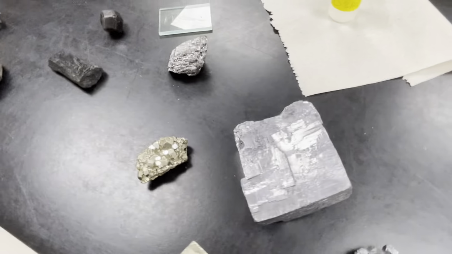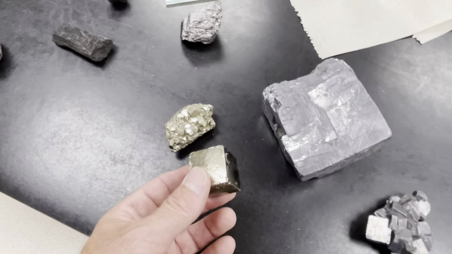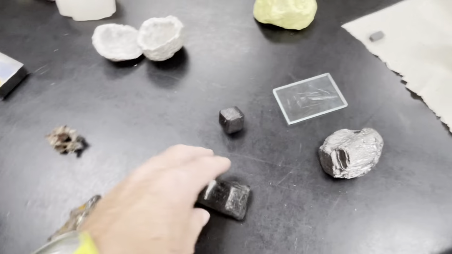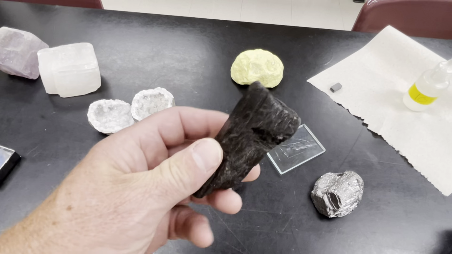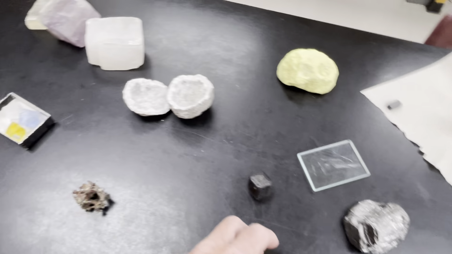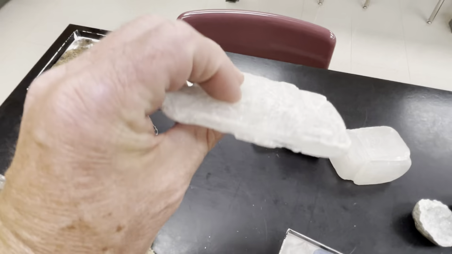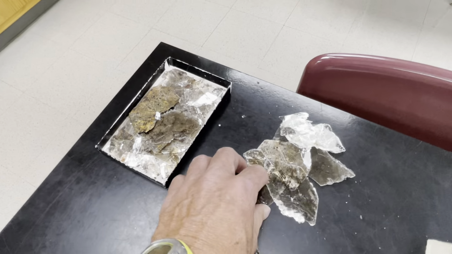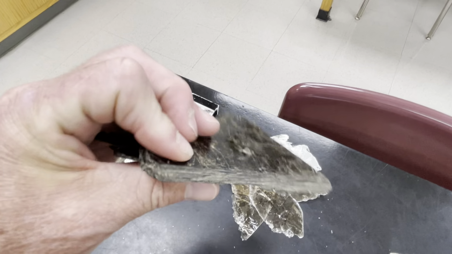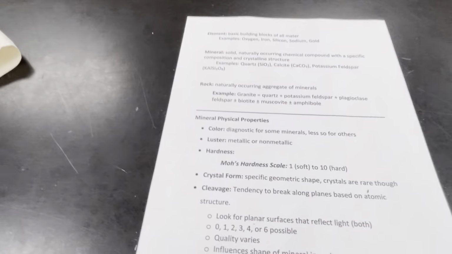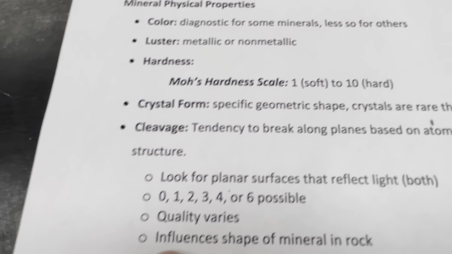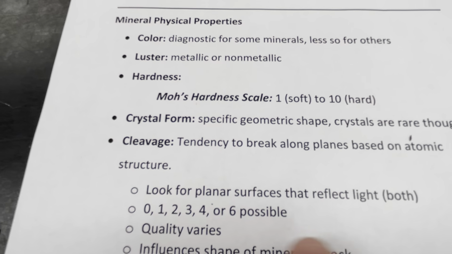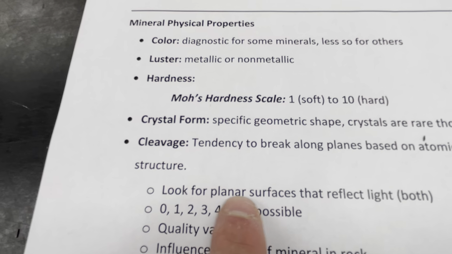Other minerals tend to break in certain shapes, whether it's cubes, it could be more prismatic shapes, kind of long and elongated. It could be that the mineral likes to break into sheets, right, or planar type of configurations like we have here. These minerals tend to break into sheets. And so what we're looking for when we're looking for cleavage planes is it's got to do both of these. It has to be a somewhat planar surface.